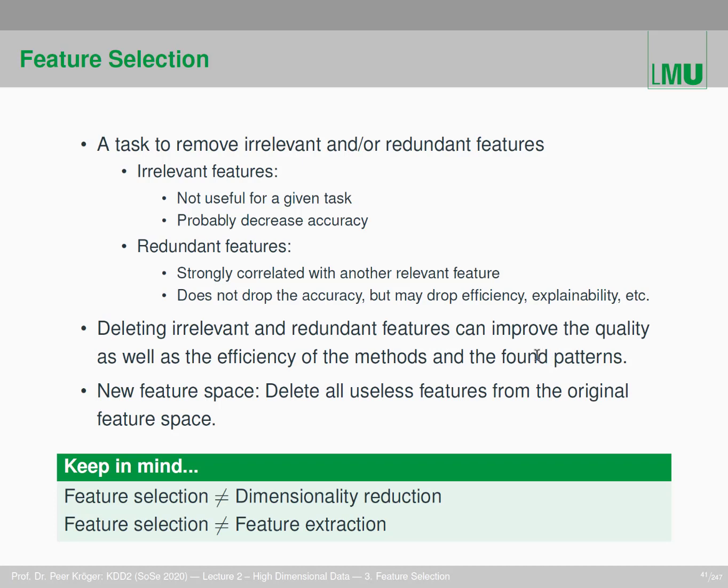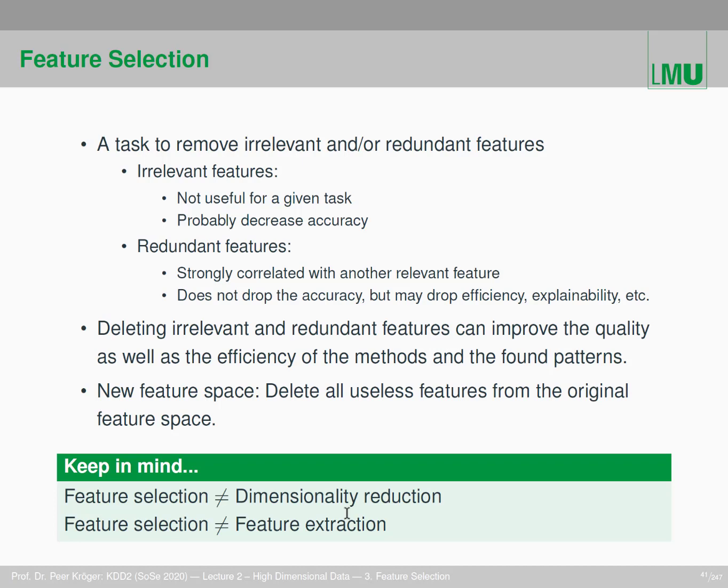So what we do in feature selection, please do not be confused by all those different terms here. In the literature, people talk about feature selection, dimensionality reduction, and feature extraction. It's not perfectly consistent terminology, which is a pity, because it can be quite confusing.